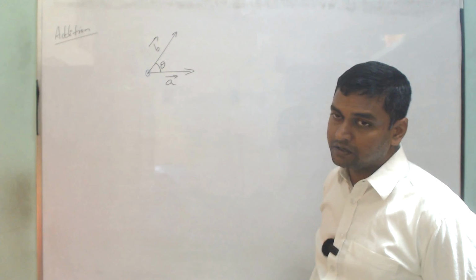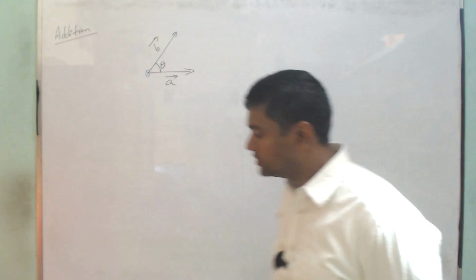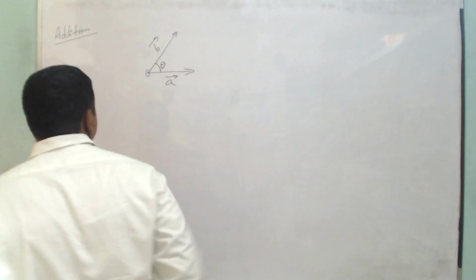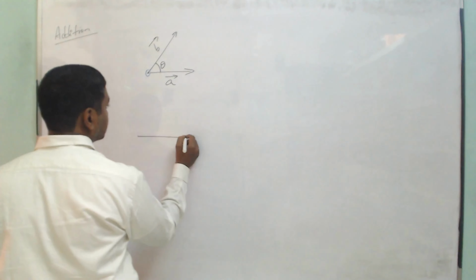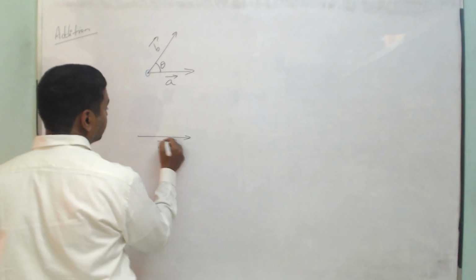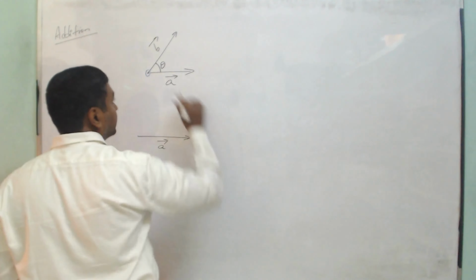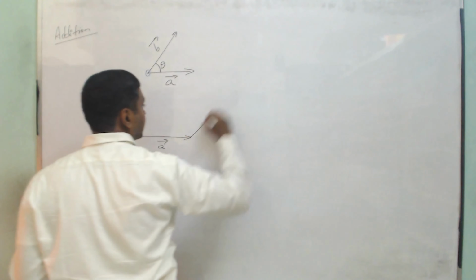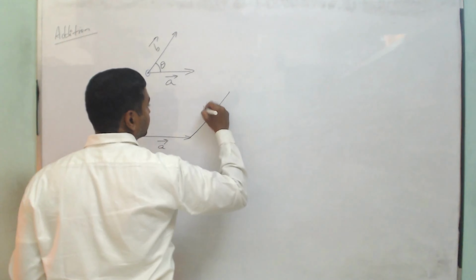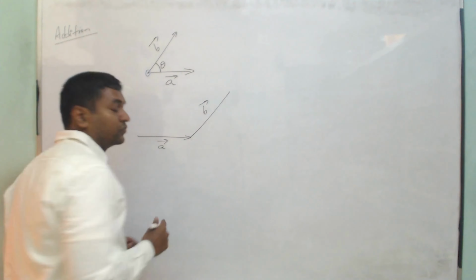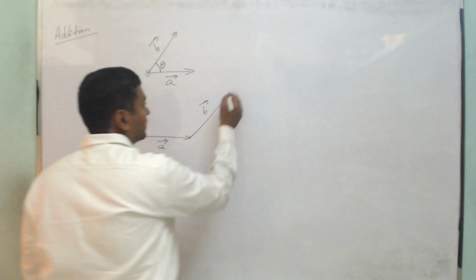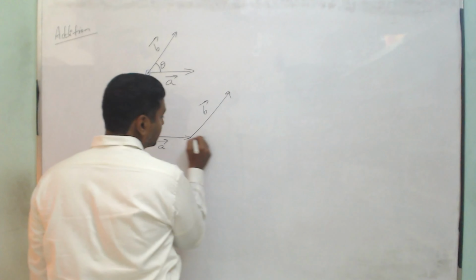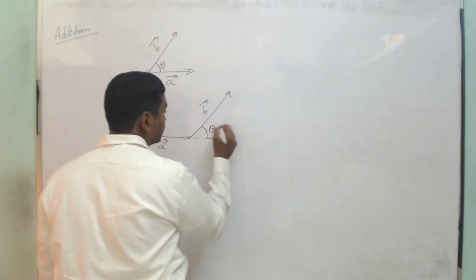Done. I can show these two vectors this way, or I can also show these two vectors this way. First I will draw A bar, and then I will place the tail of B at the head of A. And if you see, this angle will be theta, correct?